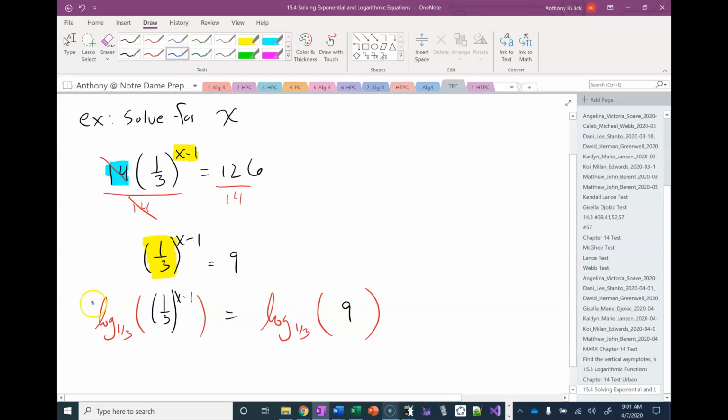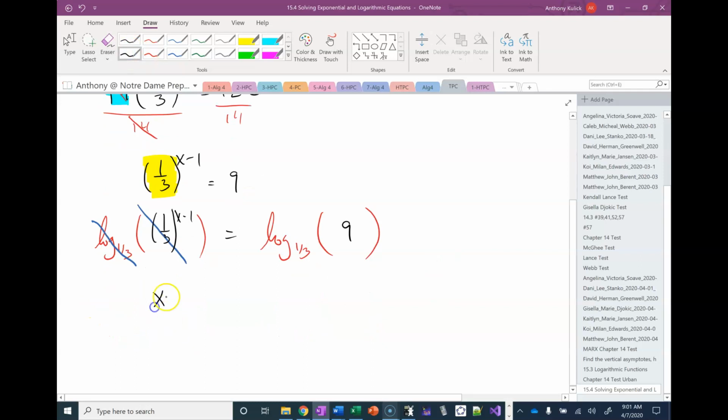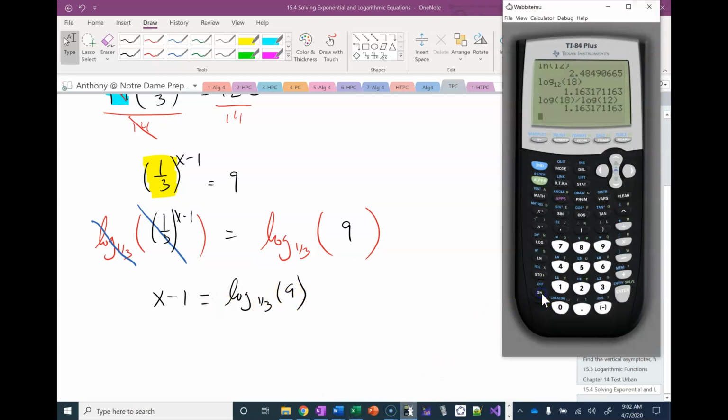So we know that log base 1/3 cancels exponent base 1/3, leaving us with just the exponent. And now we can calculate log base 1/3 of 9. This is one you could do by hand, but we've also talked about how to do this on our calculator. So let's just use our calculator to do this.